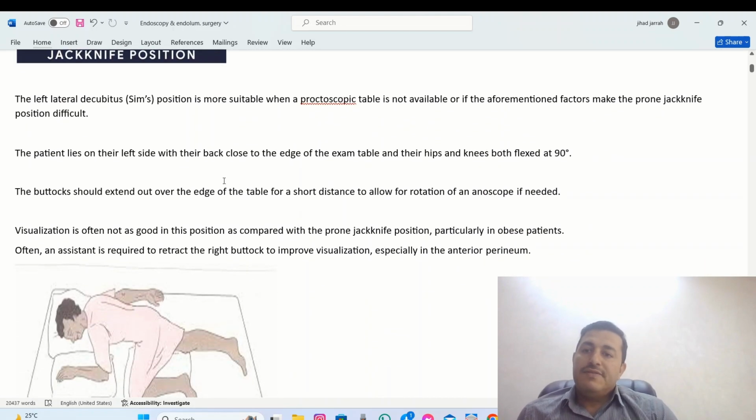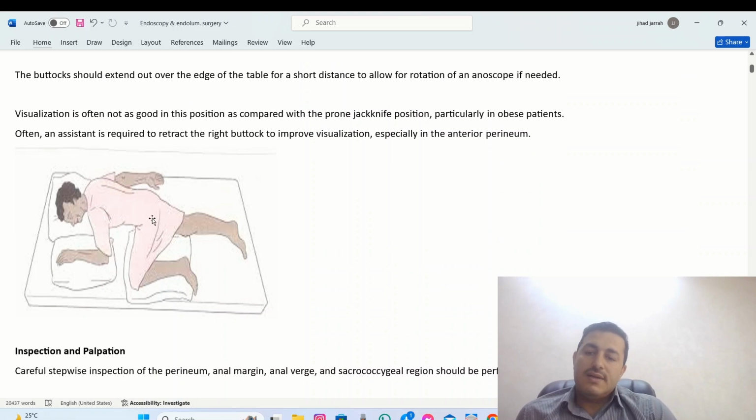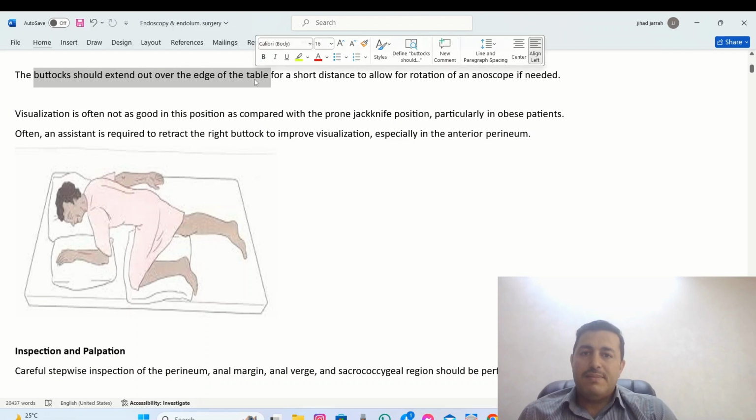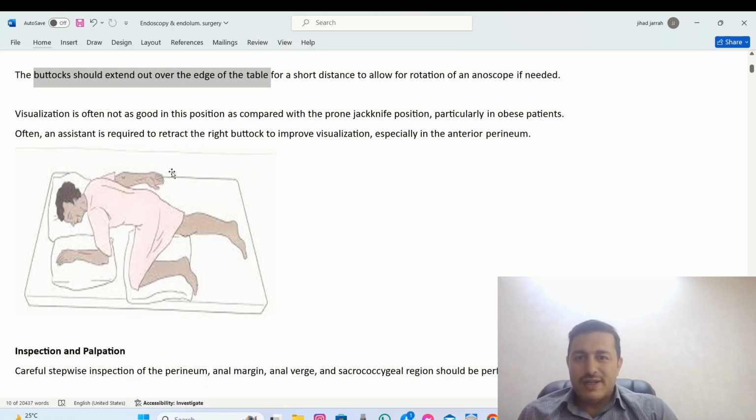Actually, the left lateral decubitus or Sims position, as you see in this picture, is not the 100% correct position for anorectal exam, because the buttocks should extend out over the edge of the table for a shorter distance to facilitate the exam.